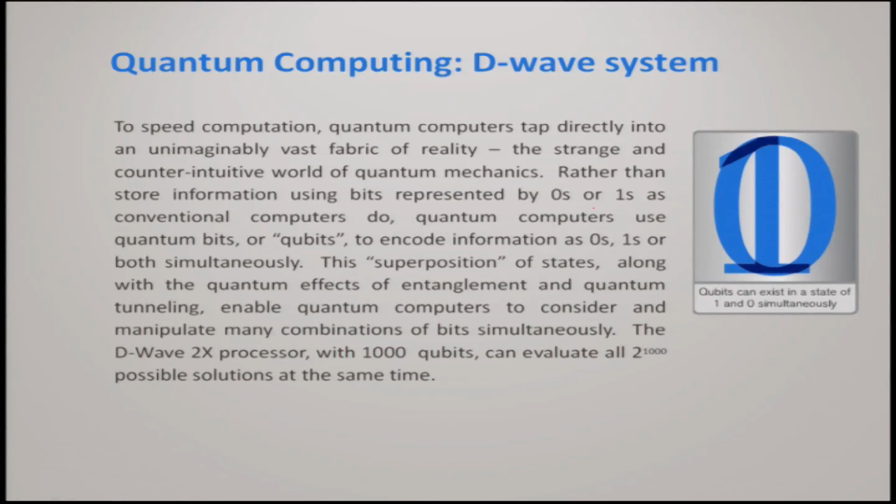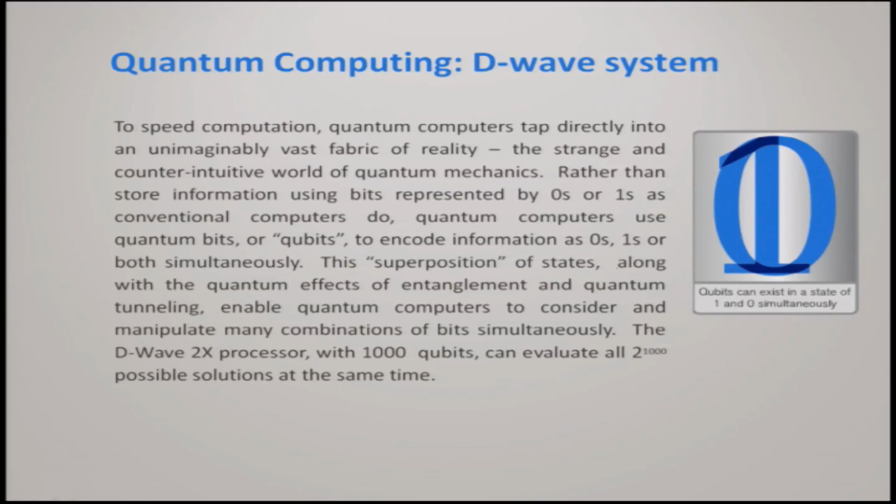In order to speed up computing, these quantum computers which they have built are based on the idea of superconducting qubits, as they mentioned. Here is a little bit of detail of how quantum computing, as we have been talking about, considers the qubits to be encoded in terms of zeros and ones simultaneously.